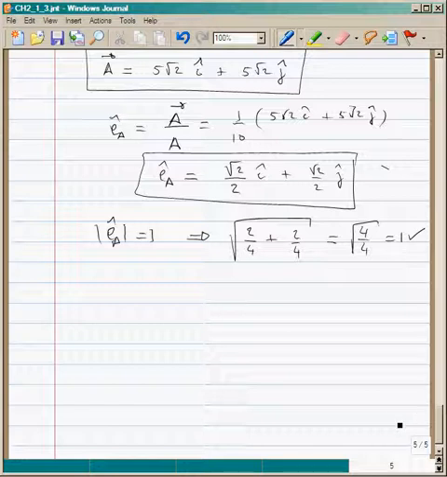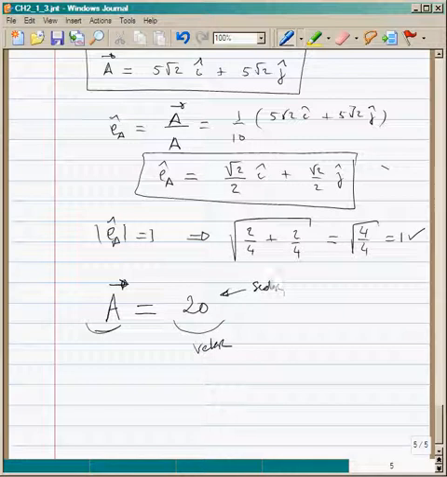Okay, so the main idea is when you write a vector A, this is a vector. It has a little arrow on the top. If you want to write this vector equal to something else, this needs to be a vector. So this doesn't make any sense. This is a scalar, so it won't work.